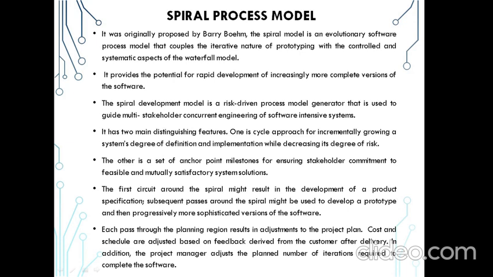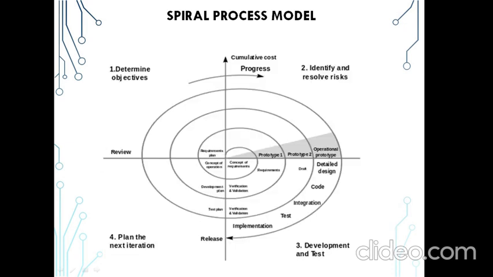Subsequent passes around the spiral might be used to develop a prototype and then progressively more sophisticated versions of the software. Each pass through the planning region results in adjustments to the project plan. Cost and schedules are adjusted based on the feedback derived from the customers after delivery. In addition, the project manager adjusts the planned number of iterations required to complete the software.